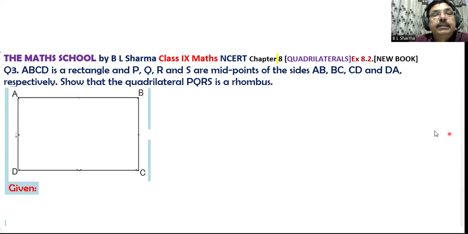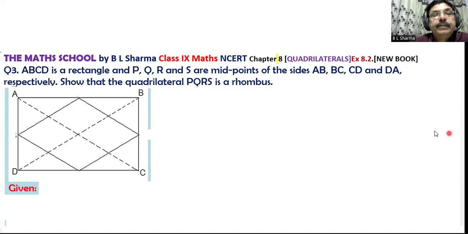पहले हमने डायगोनल ज्वाइन कर दिए, लेकिन क्या बनता है देखिए. You take the midpoints of sides AB, BC, CD of this rectangle.